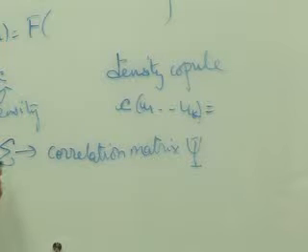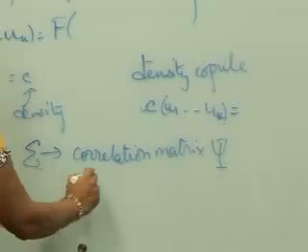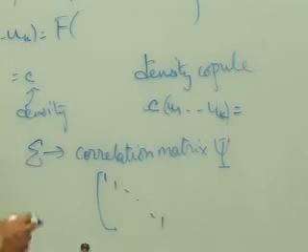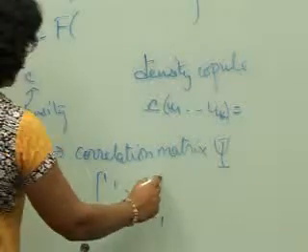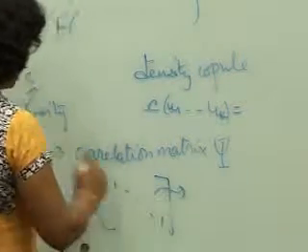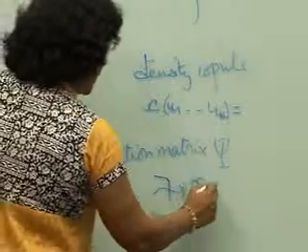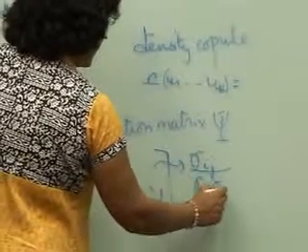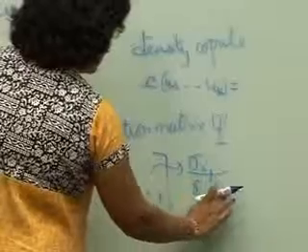So what does the correlation mean? All the diagonals are 1 and the off diagonals are whatever sigma was, sigma ij, but you divide it by sigma I sigma j.